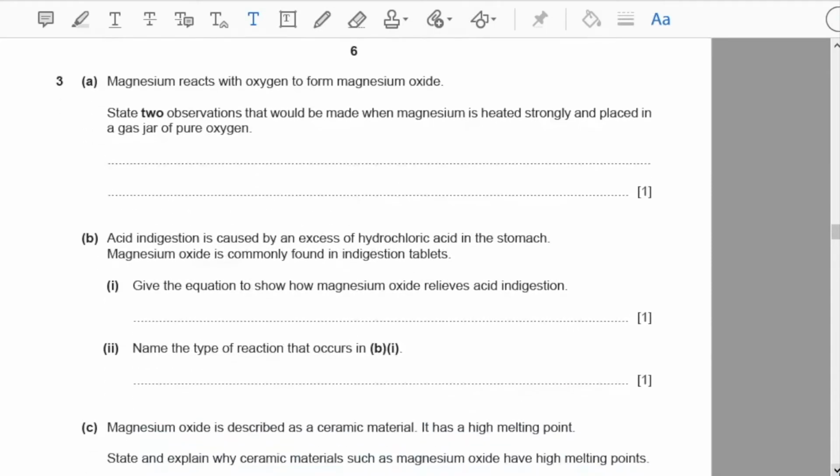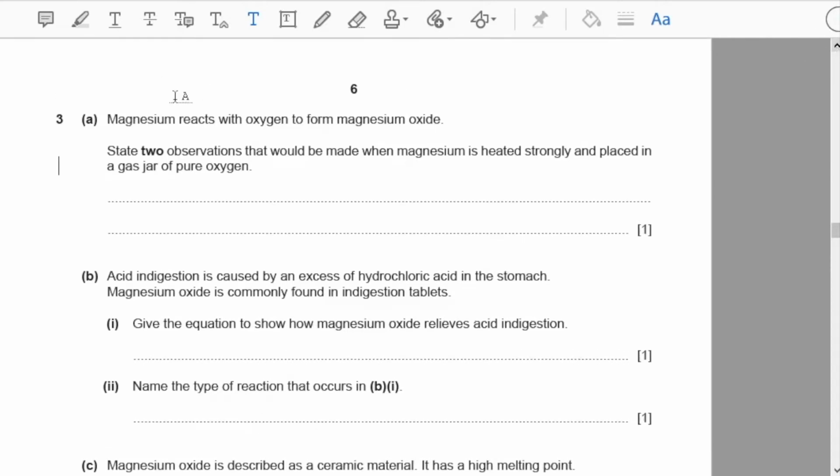Question number 3, part A. Magnesium reacts with oxygen to form magnesium oxide. State 2 observations that would be made when magnesium is heated strongly and placed in a gas jar of pure oxygen. So first I'll write the equation for this reaction to make it easier for me to deduce the observations.